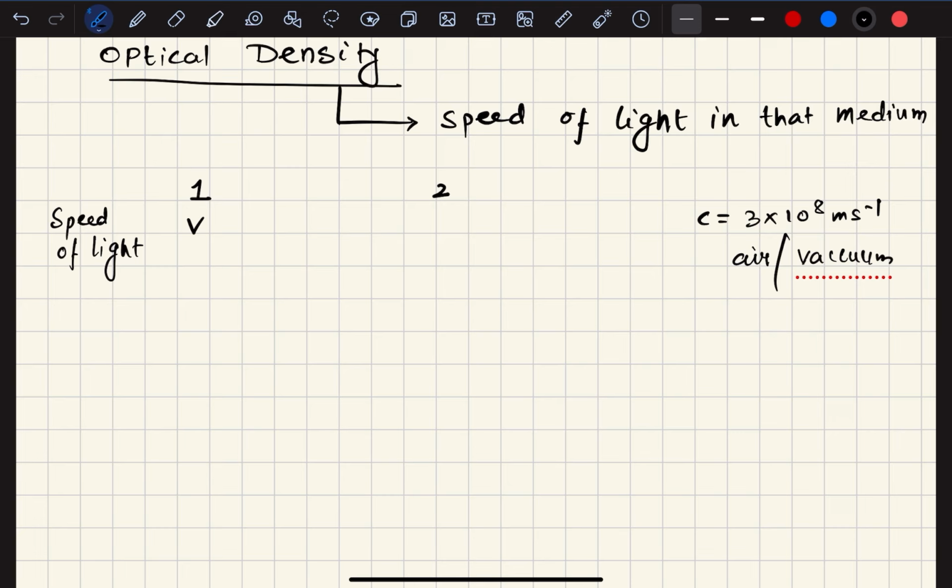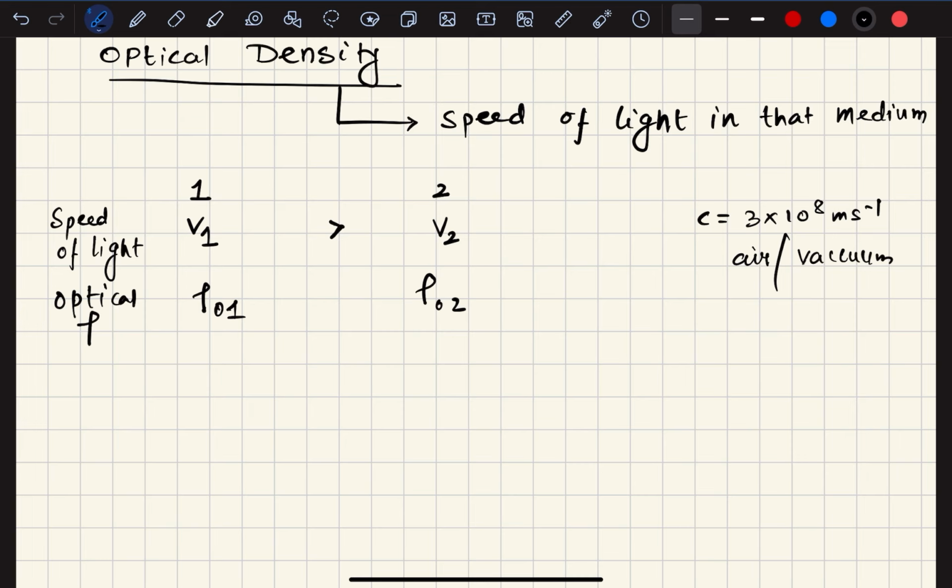Now if in medium 1 it is v1 and if in medium 2 it is v2, and if suppose the speed of the light in medium 1 is more than the speed of light in medium 2, then optical density, which I will denote as rho O, maybe rho O1, and this will be rho O2.